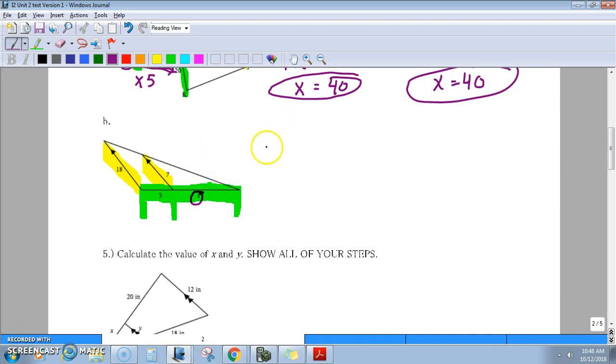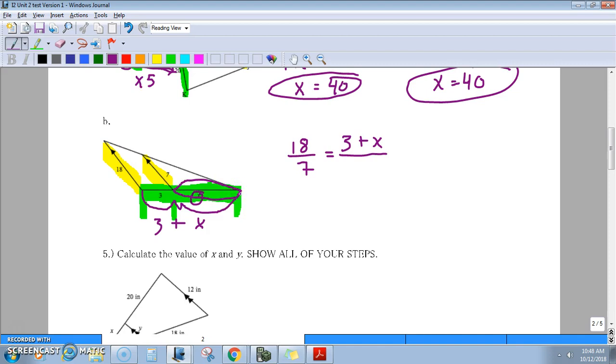We're going to do 18 over 7, so we do the big side first, those two yellow sides, is equal to, then if we do the big side first over here, we don't know what it is, but we know that it's this whole thing, and this is x, and this is 3, so the big side is 3 plus x. So we will put 3 plus x here over, and then the smaller side is just this x part, okay?